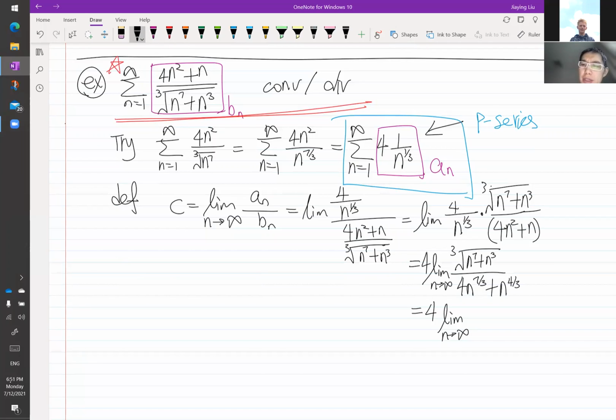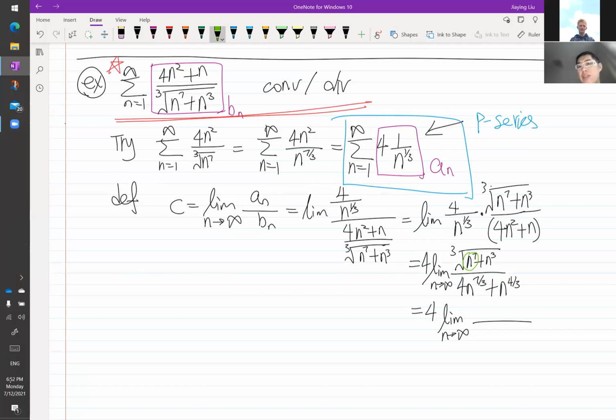So we have to divide by the leading term of the numerator, which is going to be the cube root of n to the 7th. In the numerator, as n increases, I'm going to take a shortcut here. The cube root of n to the 7th will dominate the behavior, right?